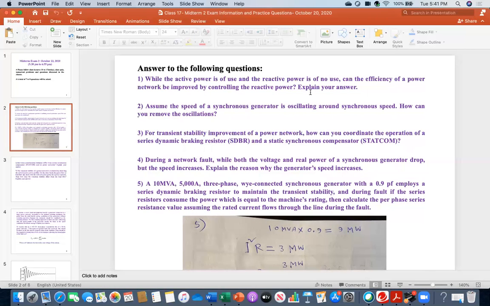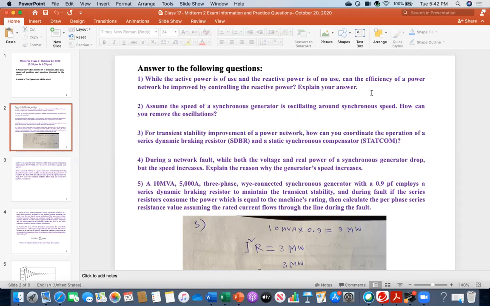The question was how can the efficiency be improved by controlling reactive power? You have to say that if you reduce the reactive power by improving the power factor, then your losses will be decreased. So in the efficiency equation, output over output plus losses, the denominator will decrease, and consequently the efficiency value will be increased or improved.